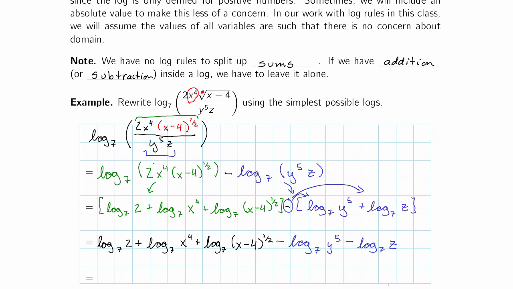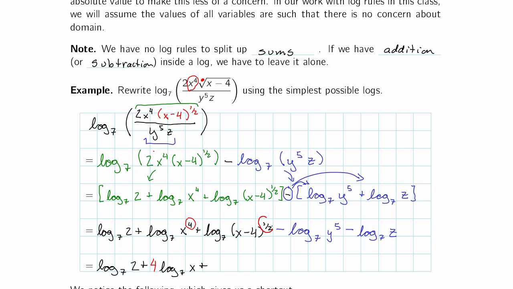Okay, and now the last thing we need to do is deal with the exponents, right? We'll use the log of a power rule to pull the exponents out front. So log of 2 stays the same. Exponent 4 gets pulled out front, we'll have 4 log of x.